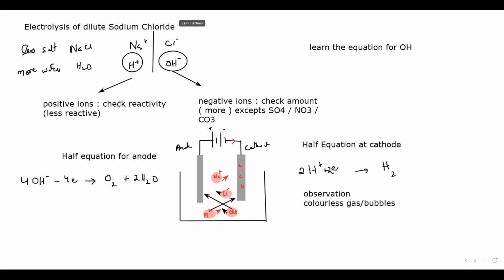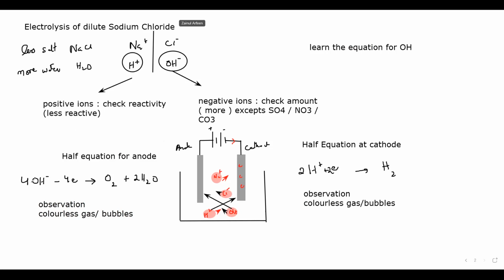Whenever hydroxide ion will move, they will give oxygen and water molecules. So what is the observation? Oxygen is also a colorless gas, so you will say a colorless gas or bubbles are seen at anode as well.